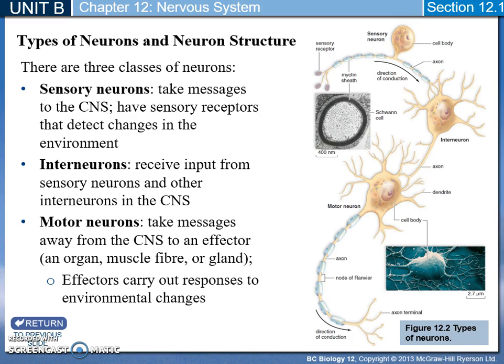So these are kind of like the in-between cells that aid in the transmission of information and impulses. And then we have the motor neurons. These take messages away from the central nervous system to some kind of an effector, whether that's skeletal muscle, cardiac muscle, or smooth muscle, for example, of the digestive system, or glands, perhaps. The effectors carry out responses to environmental changes.